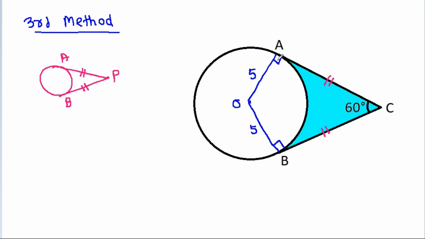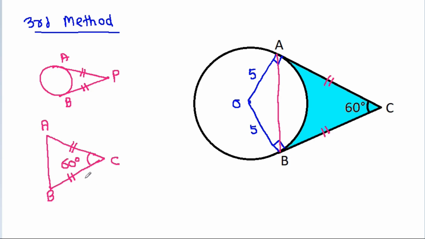And if we join AB, then in triangle ABC, AC is equal to BC, and this angle is 60 degrees. That means ABC will be an equilateral triangle.